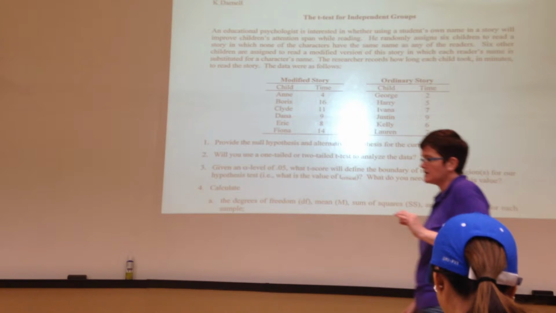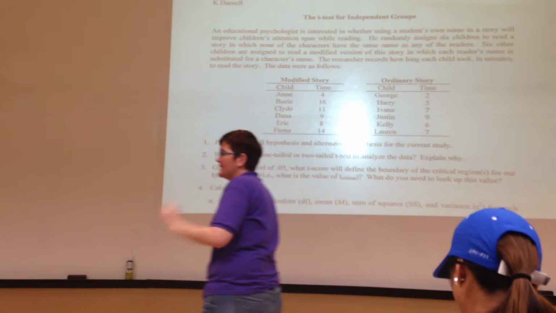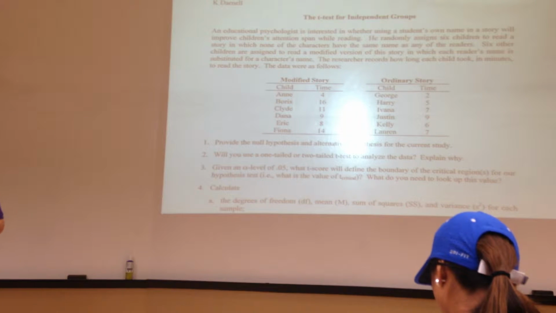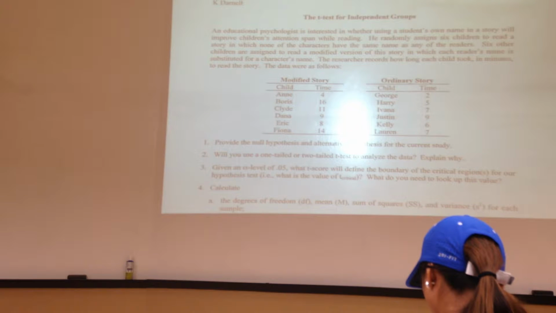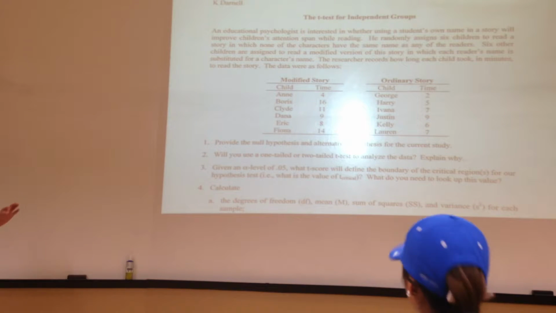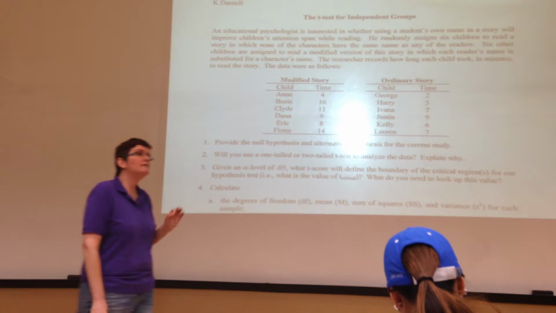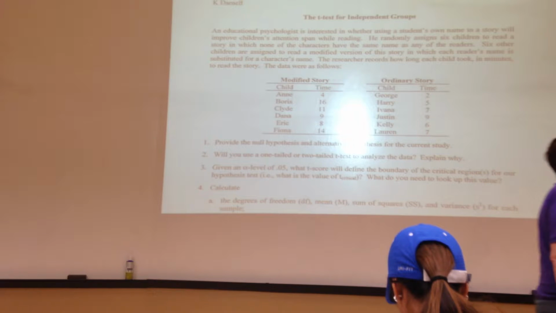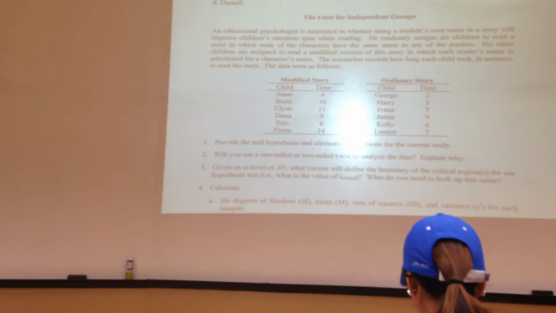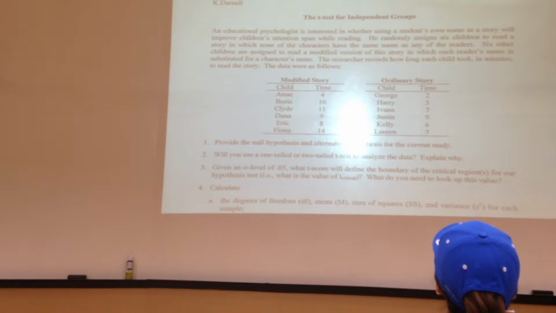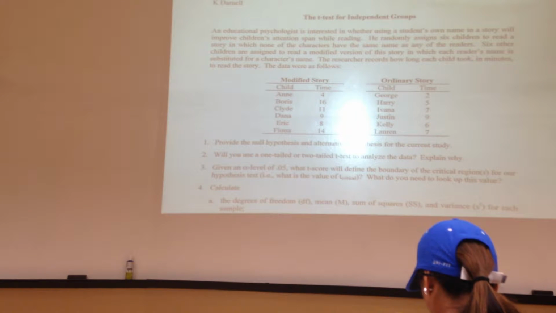So the researcher is trying to figure out ways to keep the kids interested in what they're reading so that they will keep reading and get better. The researcher in this particular study is focusing on one very straightforward manipulation, which is putting the child's name in the book. In other words, having one of the characters in the book share the child's name.